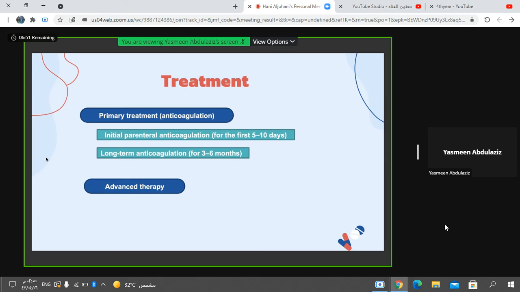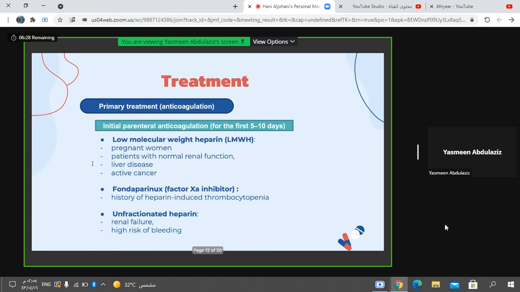So basically the treatment of DVT is primarily by anticoagulation, and there are some advanced therapies for special situations. For the anticoagulation, there's an initial parenteral anticoagulation for the first few days, and then a long-term anticoagulation for 3 months or more, depending on the risk factors for each patient.